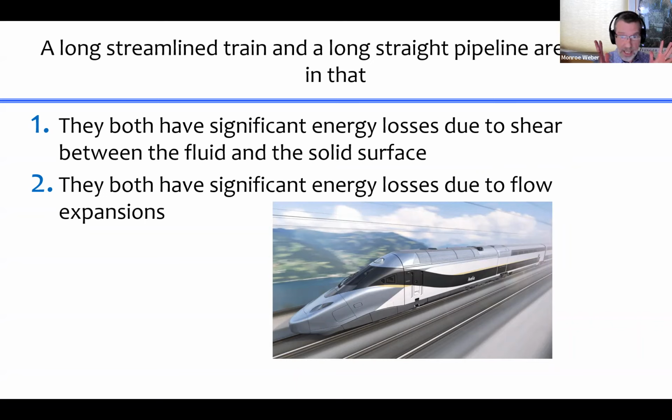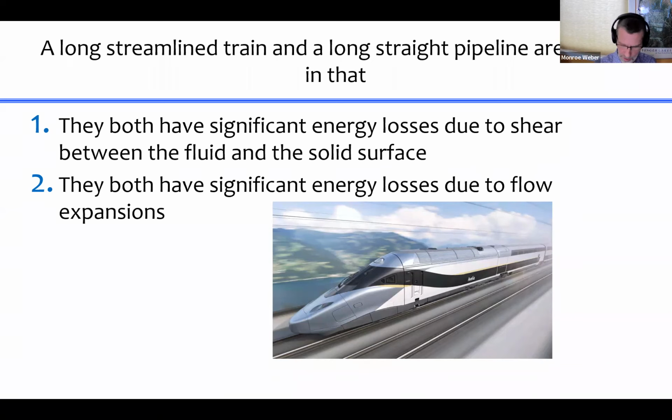It actually is number 1 with long streamlined body or long straight pipeline. The losses are due to shear on the wall. That is the definition of major losses.